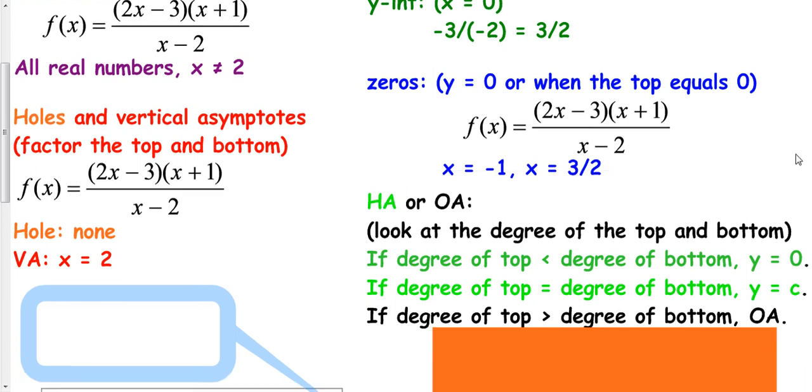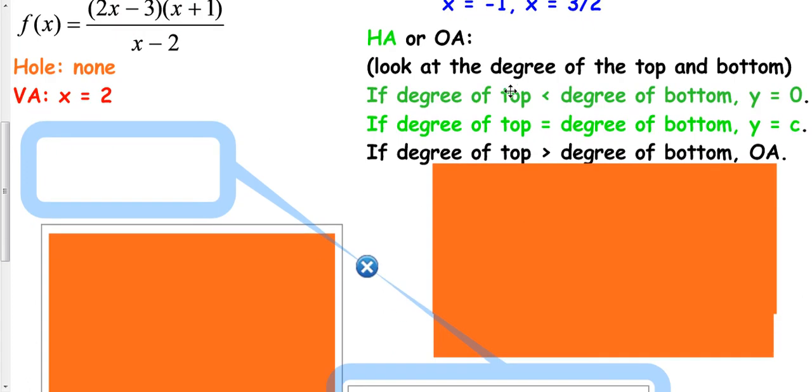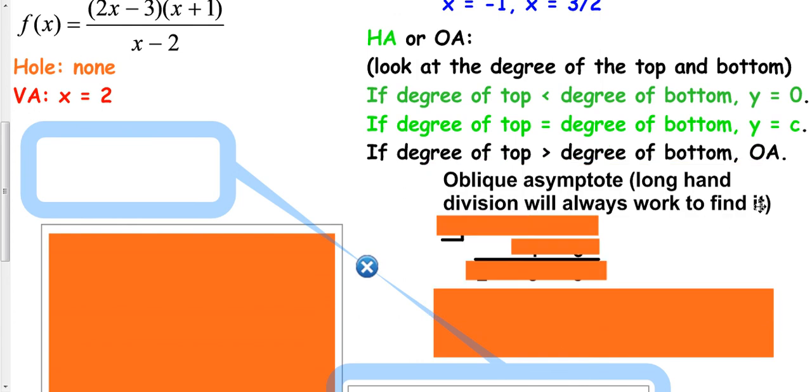We had already said that we're going to have an oblique asymptote because the degree of the top is greater than the degree of the bottom, so we don't have to worry about the horizontal. When the degree of the top is greater than the degree of the bottom, you can always find your oblique asymptote by using longhand division.